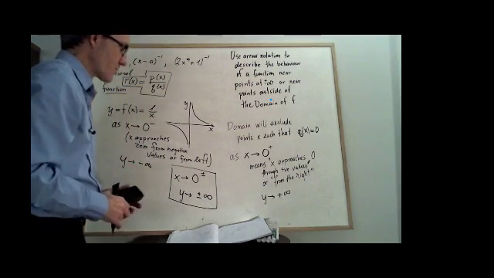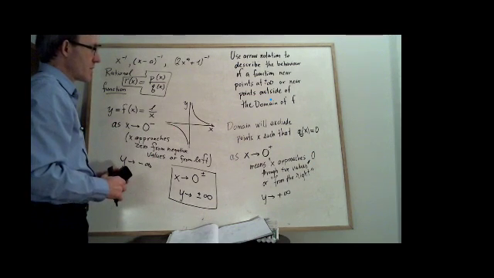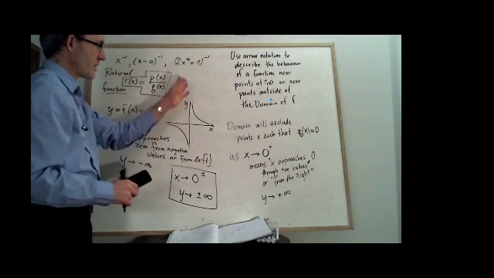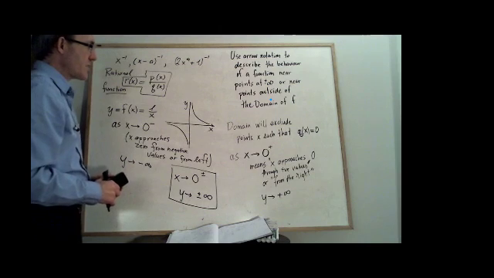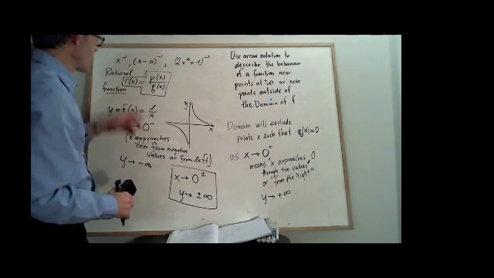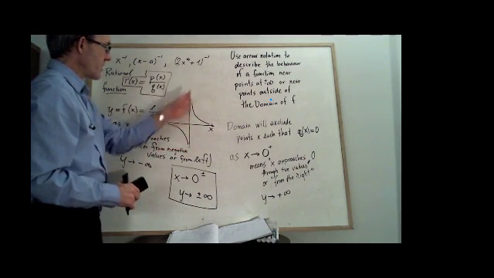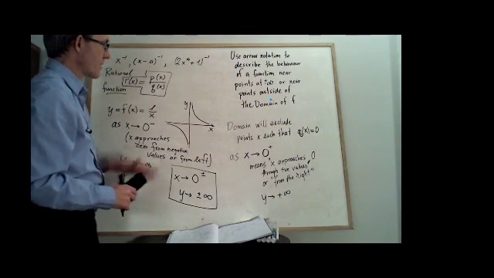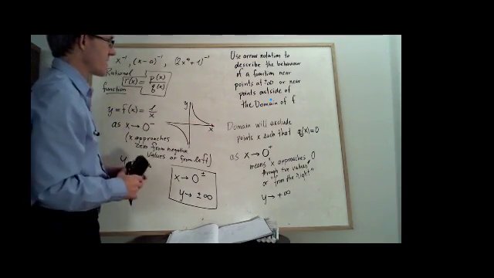So you can do this with any point that is not in the domain, where something is infinite, going off to positive or negative infinity. At such points, such as we have here, this vertical line, x equals 0, is called a vertical asymptote. And likewise, the line y equals 0 is a horizontal asymptote.